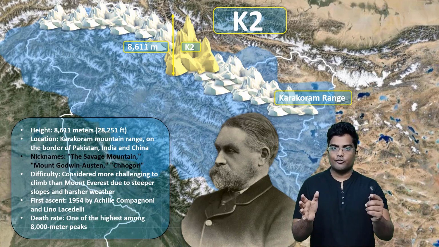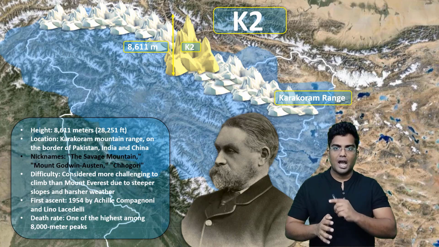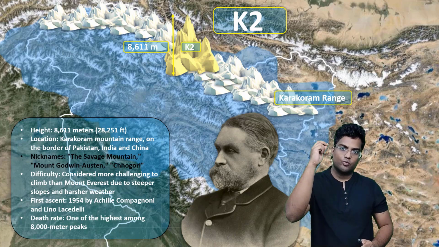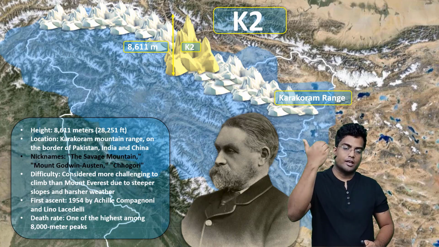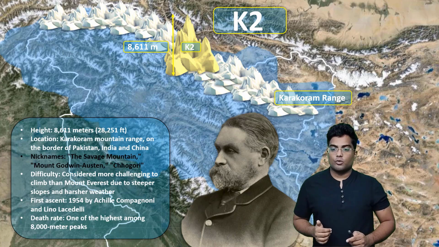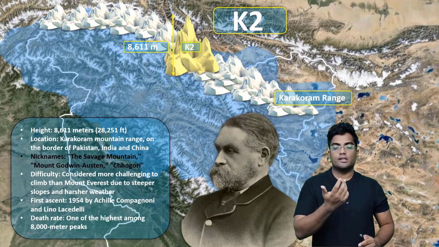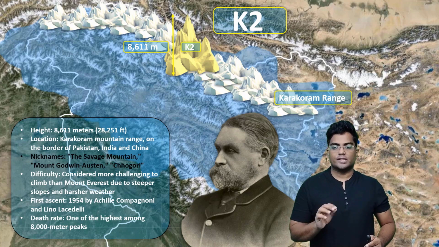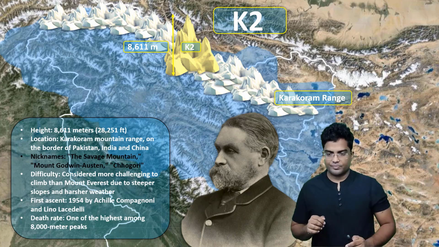He actually went around the whole area and mapped it. There were two other guys who actually scaled K2, okay? There are other names called the Savage Mountain, Mount Godwin Austen and Chogori, okay? We are only interested in Godwin Austen and K2.